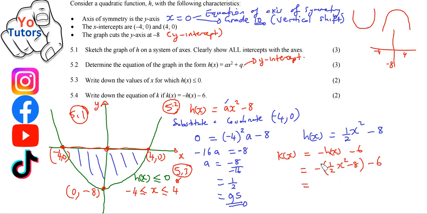What are we going to get there? We're going to get negative half x squared plus 8 minus 6, which gives us negative half x squared plus 2. That's our equation of k of x.